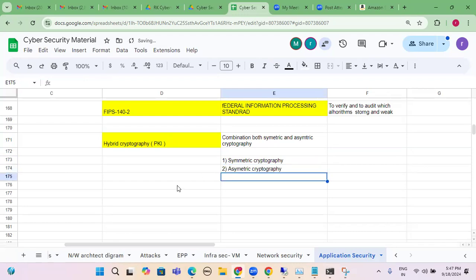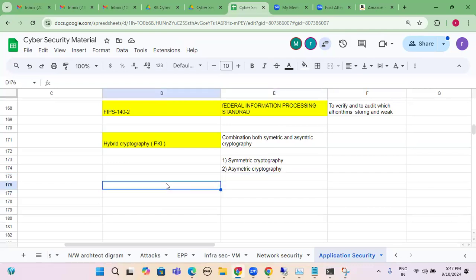So coming back, how will this backend process work related to the SSL/TLS handshake, as part of the hybrid cryptography using symmetric and asymmetric? Okay, now SSL/TLS handshake or mutual authentication.